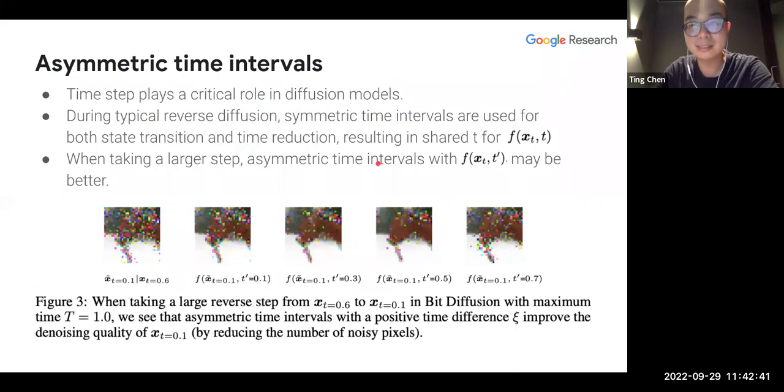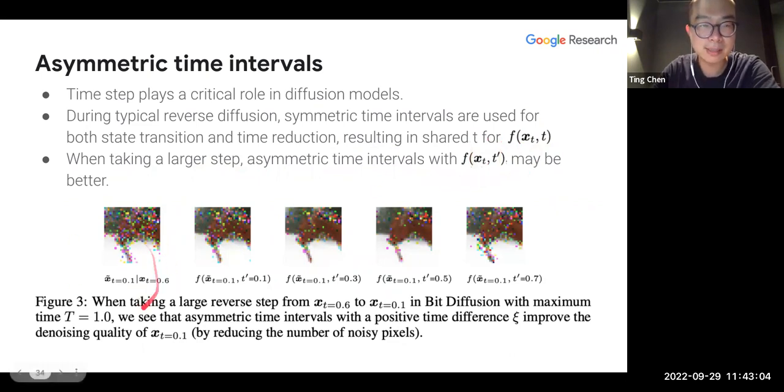What that means is the t in this denoising function here, xt is the state, and the time step t as input to the denoising network will be the same. They are shared. Now, when we're taking a larger step, asymmetric time intervals, which result in this t being different, could actually be better.